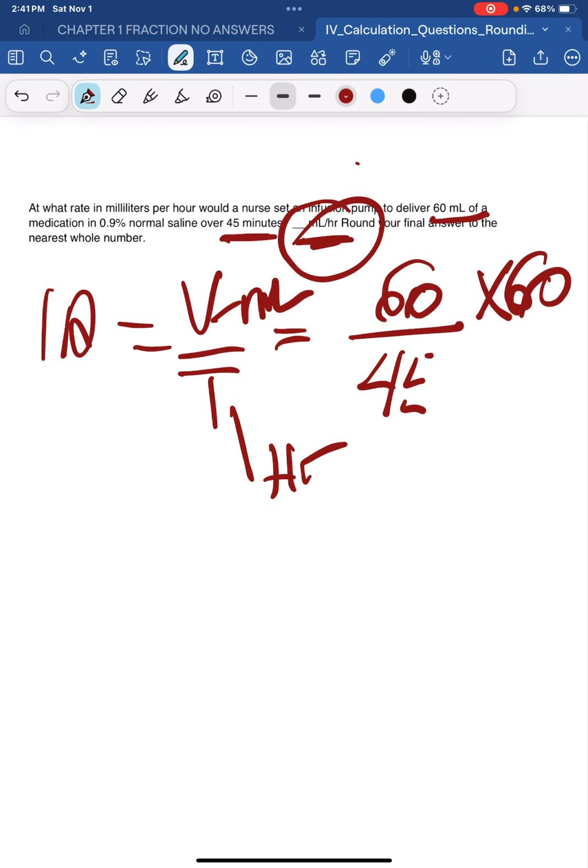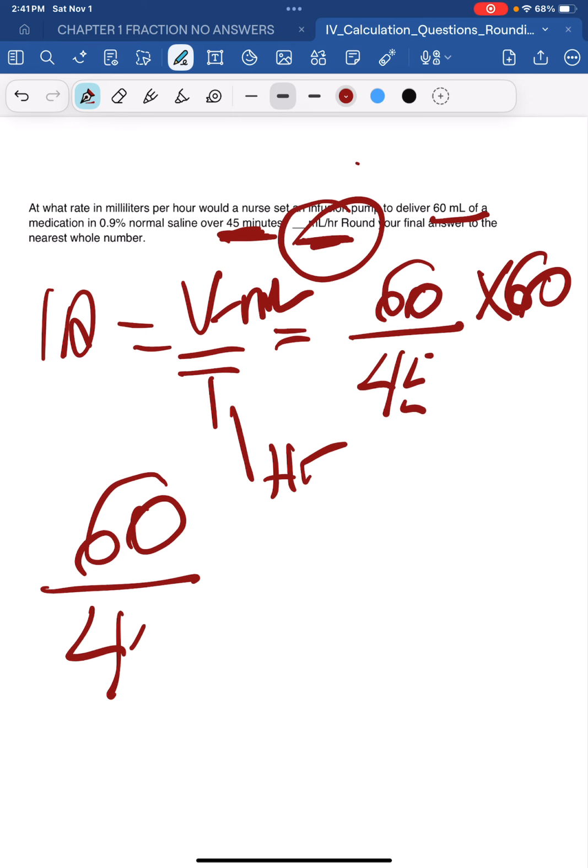Because the time is in minutes and you need the time in hours, don't worry. Just do volume divided by that minute, but don't forget, because it's minutes, multiply that by 60. If it was infuse 60 milliliters over 45 hours, then you would do 60 divided by 45. That's it. But 45 minutes, 60 divided by 45 times 60 because it's minutes.